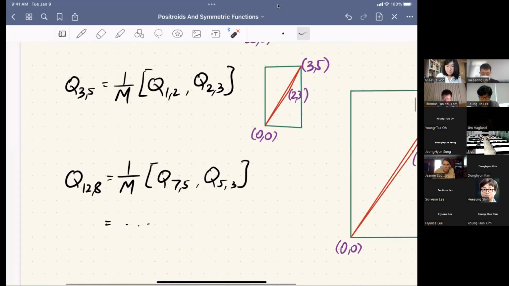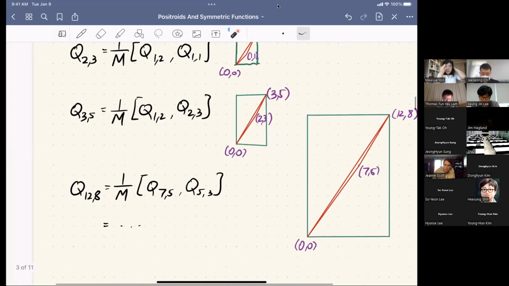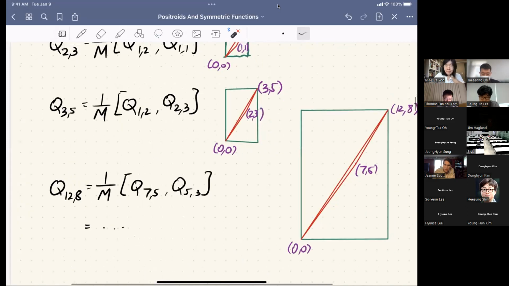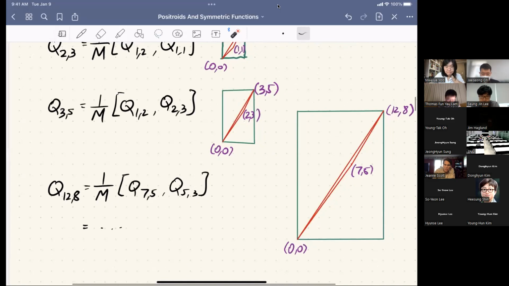Sometimes if you take Q sub a,b, they have a common factor, in this case Q sub 12,8, and here I drew a picture of Q sub 12,8, and you see that actually there are many lattice points which are very close to the diagonal. Actually, they're equally close to the diagonal. There's a bunch of lattice points equally close to the diagonal.